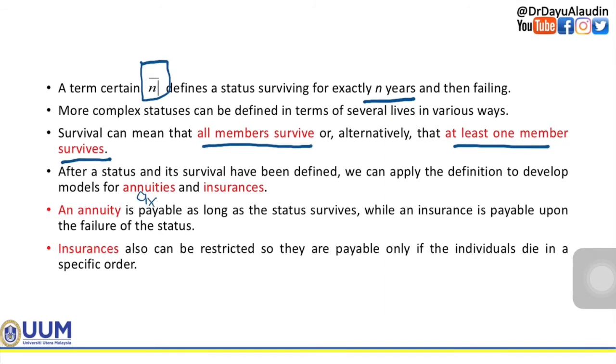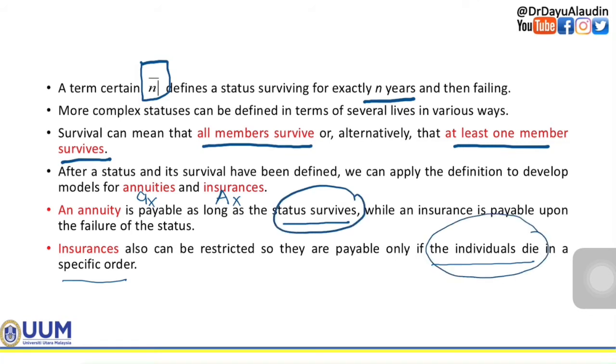Small a, and insurance is big A. An annuity is payable as long as the status survives. And insurance also can be restricted, so it is payable only if the individuals die in a specific order. So that's the difference between annuity and insurance. Annuity is about surviving. Insurance is about dying.